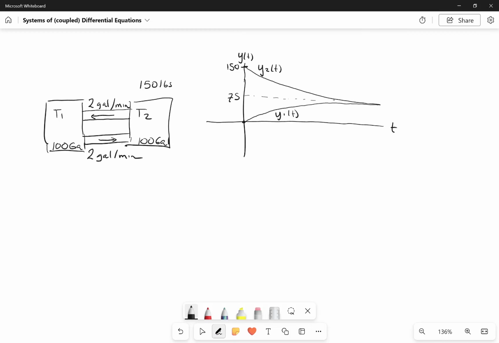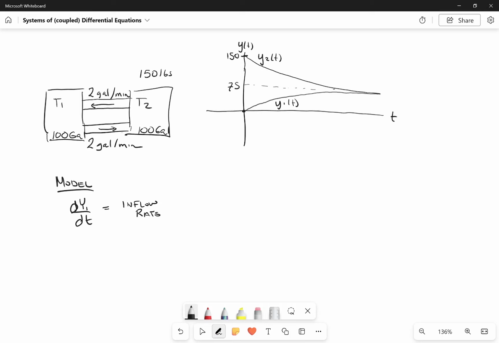Okay, so what do we know? We know rates of change, and so we're going to set up a model here. So here's our model, and this is what we know. We know that dy1 by dt, the rate of change of y1, is given by the inflow rate, and we're talking about pounds. See, the units, we should write this down.